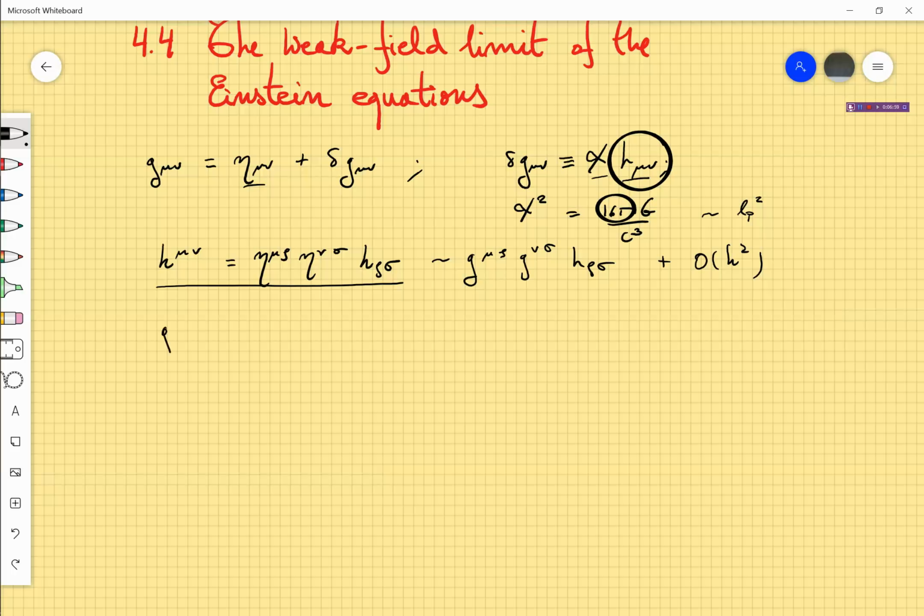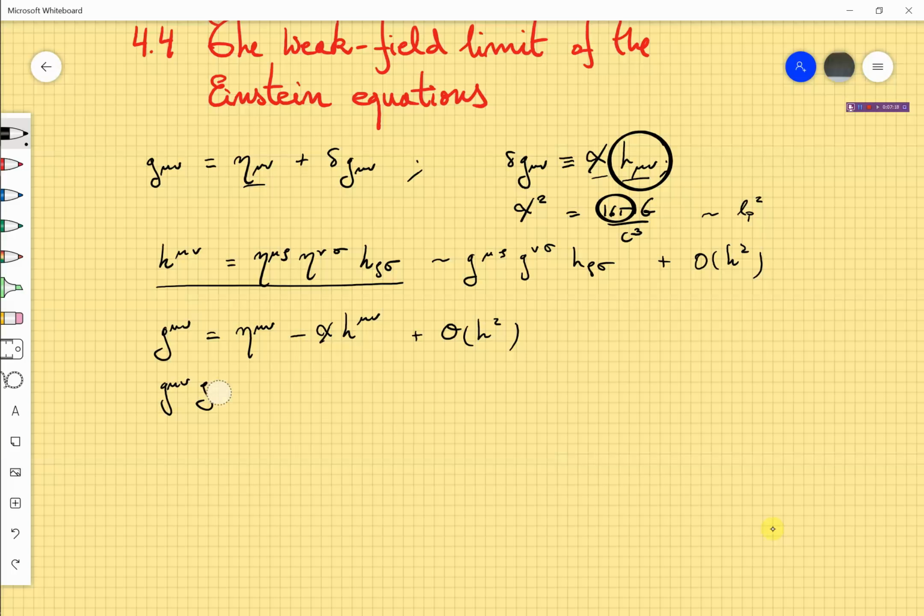Okay, so g inverse is not difficult to see. That can be computed, that it is equal to this, to this order, always, plus terms of order h squared, and this is something that can be proven.